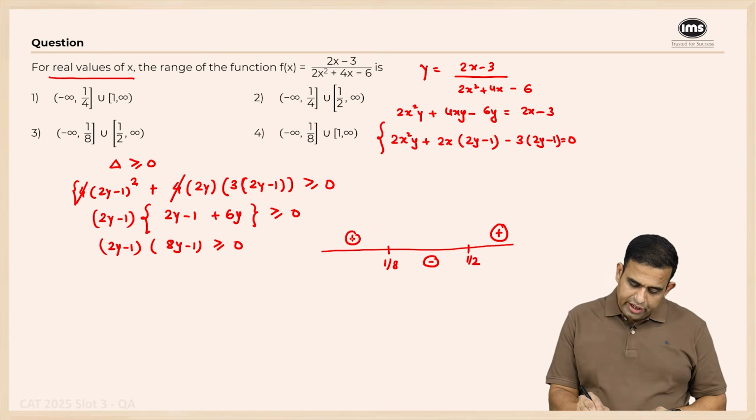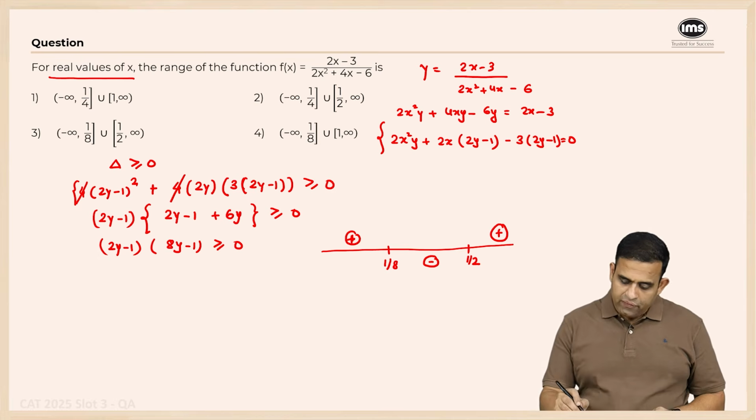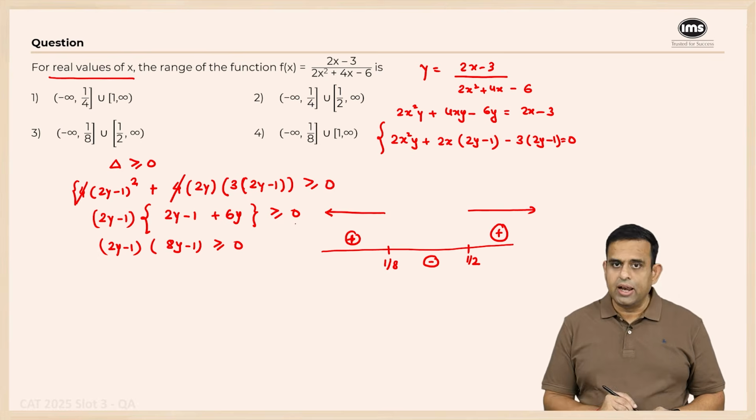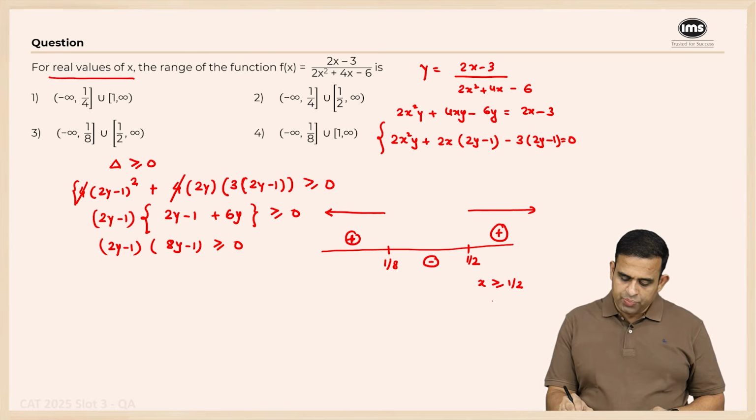Now, since you wanted more than or equal to 0, we are able to get the required region to be half or more, or you can say 1 by 8 or less. So one can say y has to be more than or equal to 1 by 2, or y has to be less than or equal to 1 by 8.